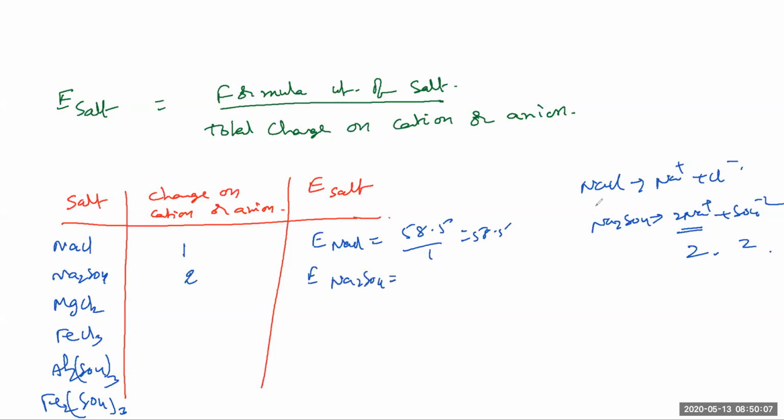Sodium 23, 23, 46, and SO4 is 96. Total 142. 142 divided by 2 is 71.